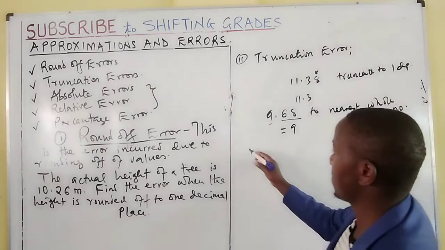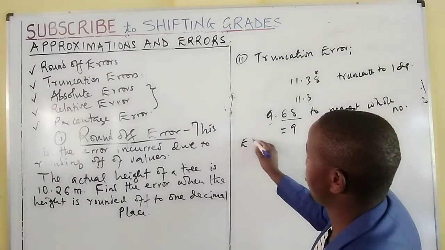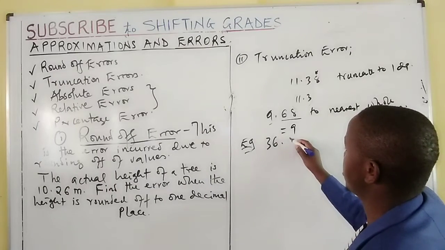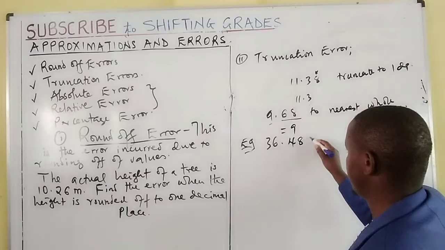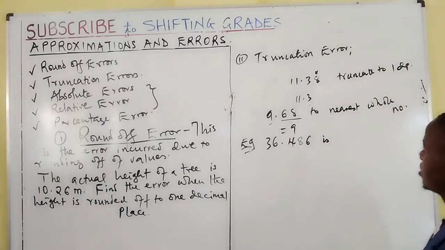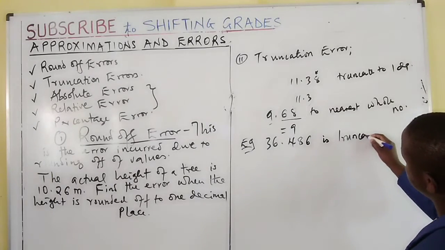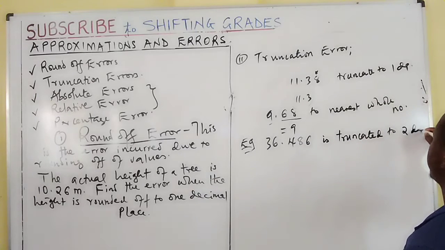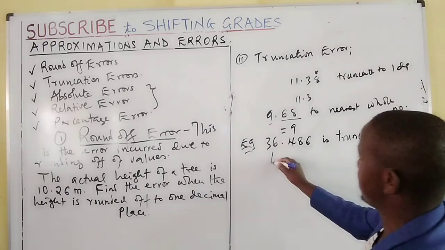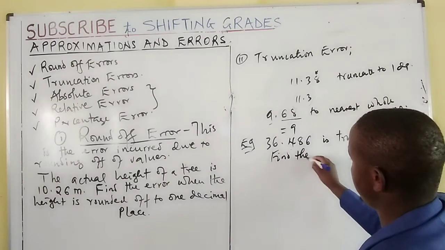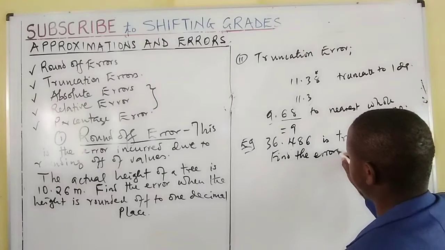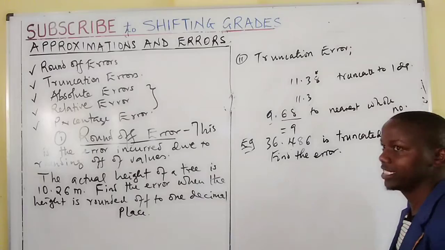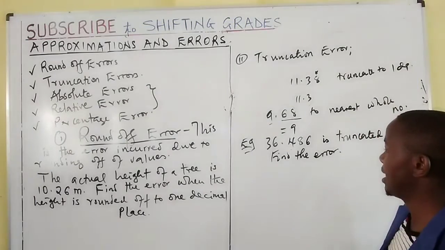For example, you can be told 36.486 is truncated to 2 decimal places. Find the truncation error. Find the error in the truncation of 36.486 to 2 decimal places.